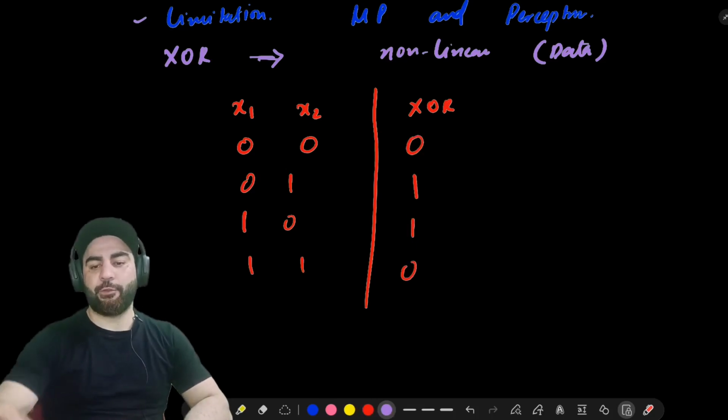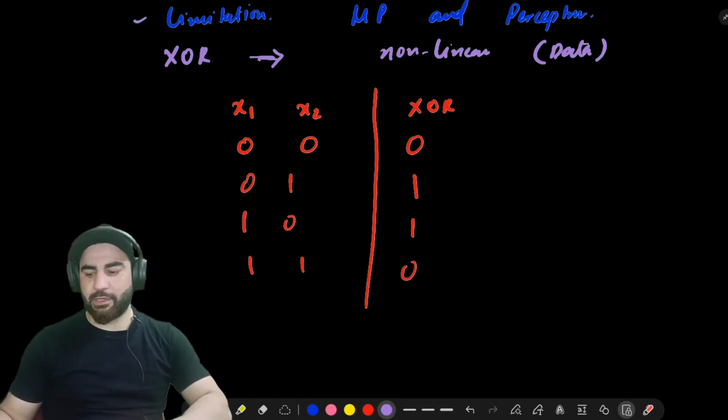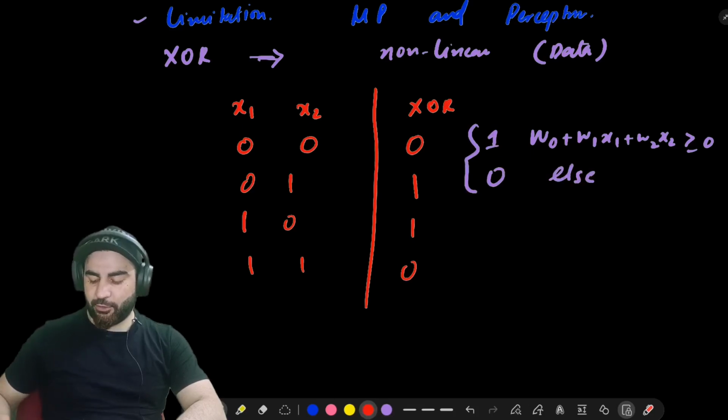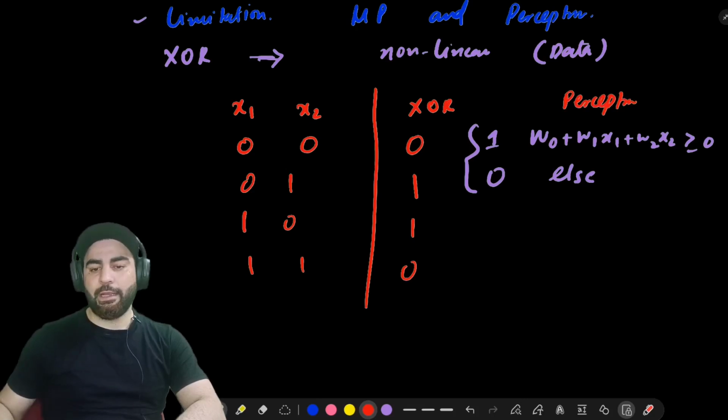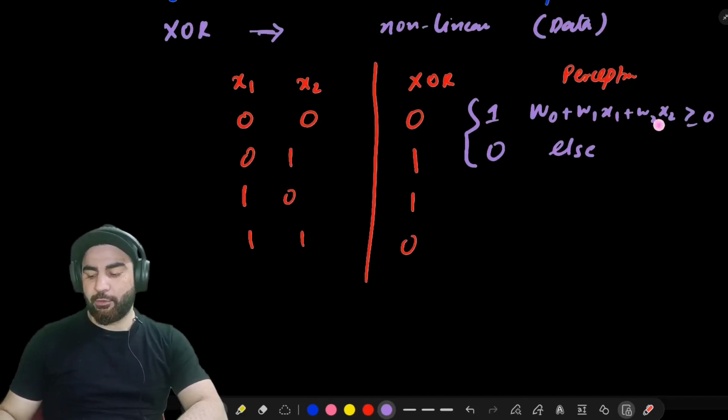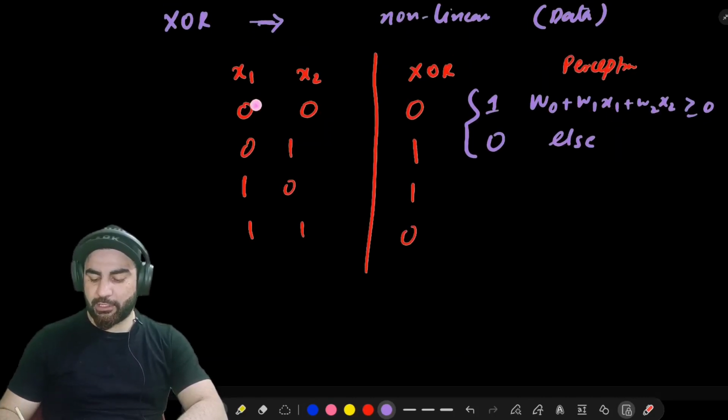Now you know how the perceptron is defined: if W0 plus W1 X1 plus W2 X2 is greater than or equal to 0, then the output is 1, otherwise it is 0. So this is the definition of the perceptron. Now if we put these values in, this is our X1 and this is our X2.